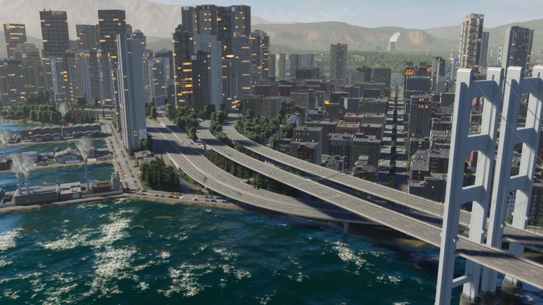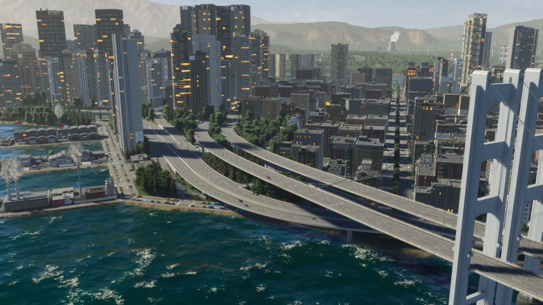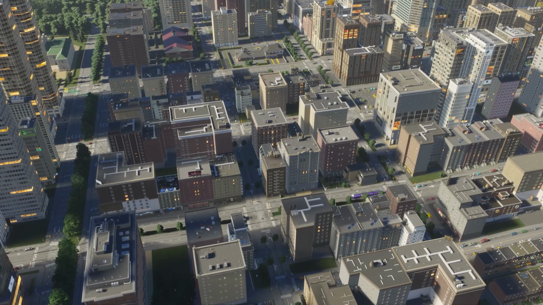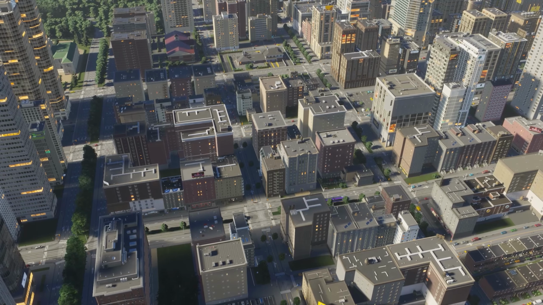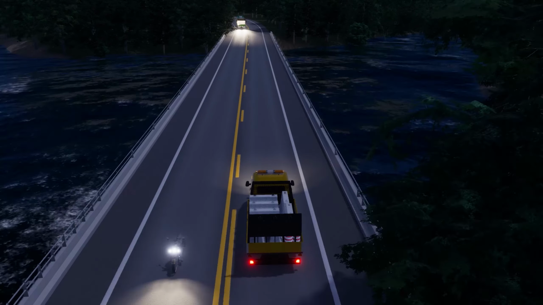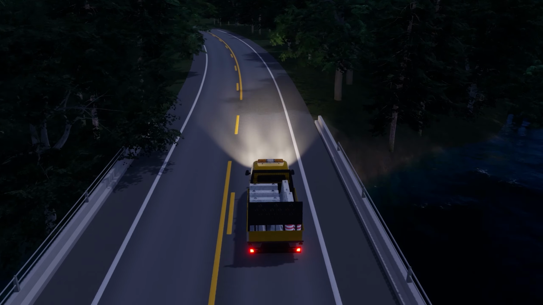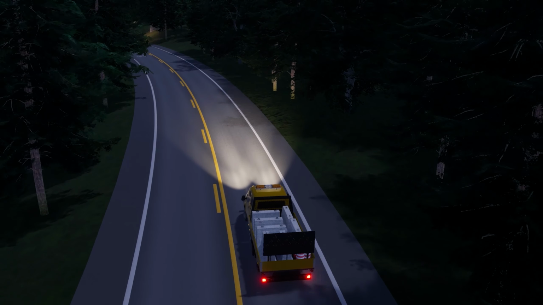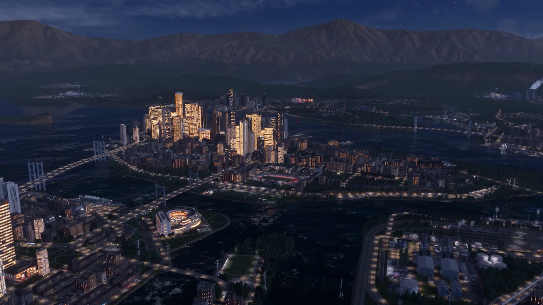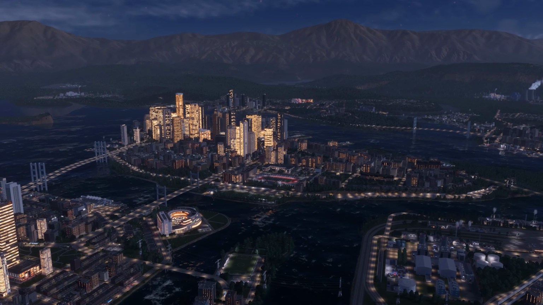Now, one thing that's interesting, you'll probably see on the next dev diary, but they touch on this here, is that public transportation vehicles, obviously, travel on the designated lines with the exception of taxis, which follow routes more or less similar to private vehicles.